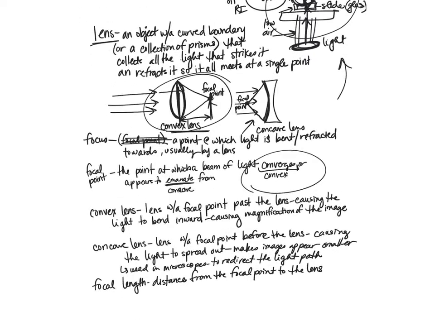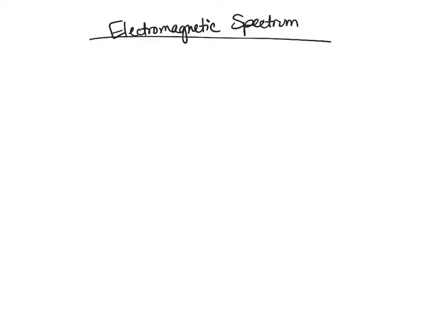All right, so the next section is talking about the electromagnetic spectrum. When we talk about the electromagnetic spectrum, what we're talking about is electromagnetic radiation, and that's the radiation that's composed of different types of electric and magnetic waves.